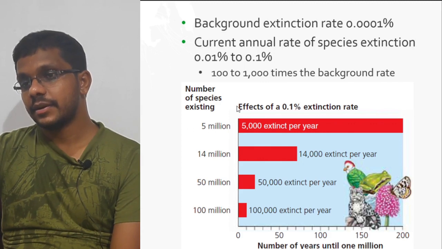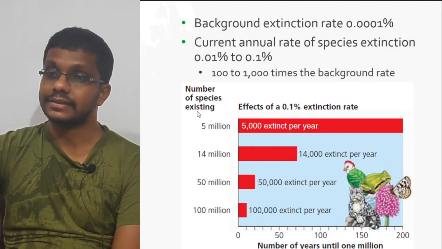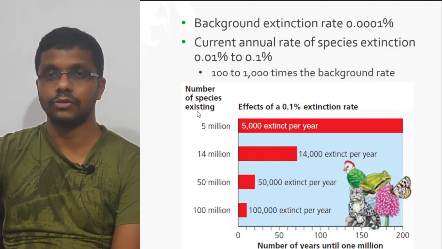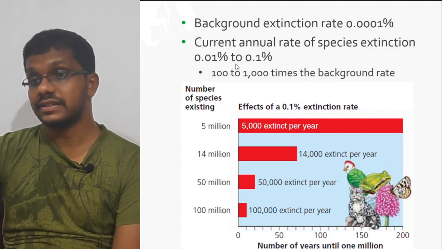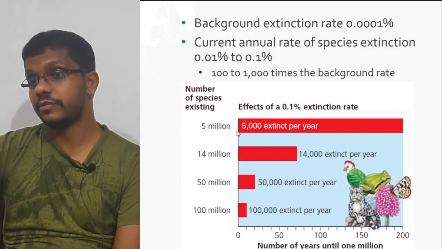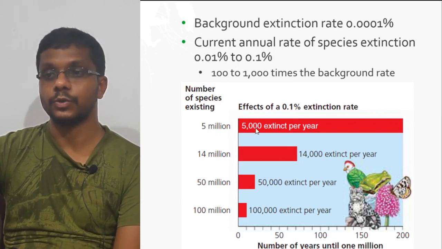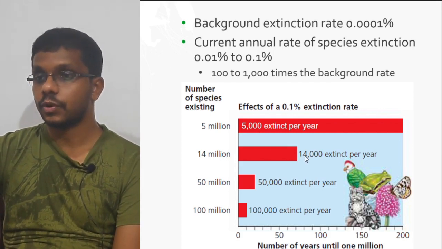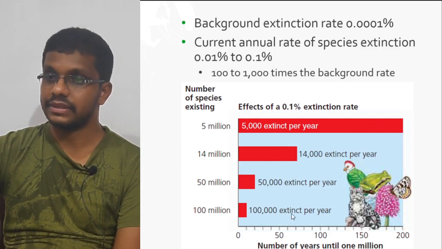And we don't know how many organisms are leaving this Earth. We have different approximations. Generally we say we have 10 million organisms, and some estimates say we have 100 million organisms. Based on these estimates, if we have 5 million organisms, every year we are losing 5,000 organisms due to extinction. If we have 14 million organisms, about 14,000 are going extinct every year.